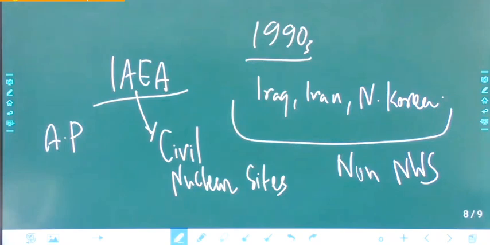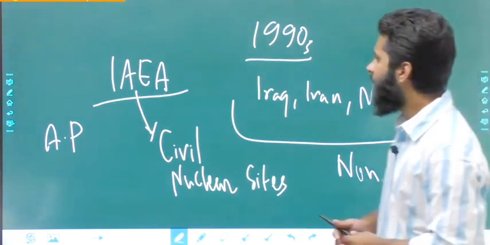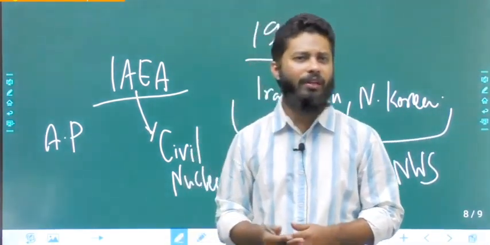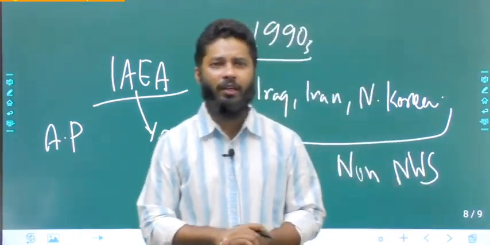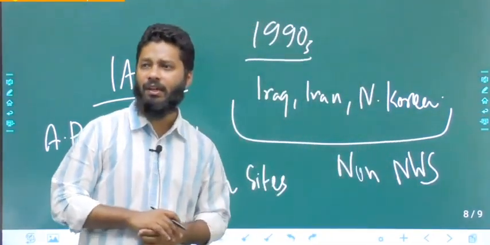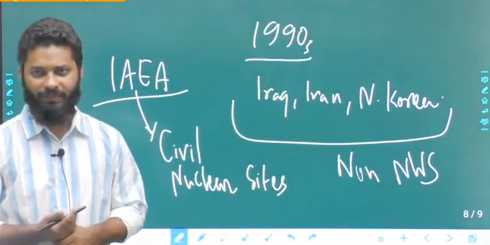So India has not signed the original additional protocol, but India has signed a new additional protocol. It negotiated with the IAEA, and we have signed a different additional protocol in which we have not allowed the IAEA to carry out any investigation in our military sites. Fine.